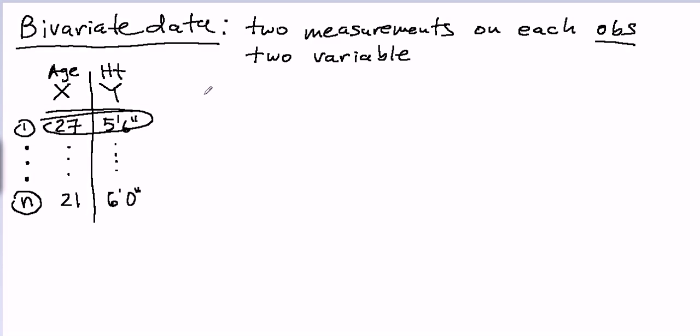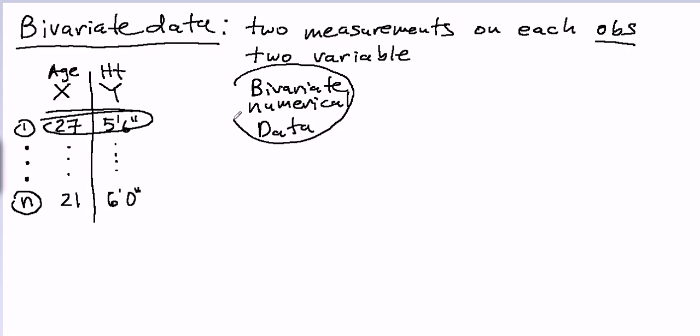Now, if we constrain both these variables to be numerical, like in my example where age and height are both numerical, we'll have bivariate numerical data. And this is precisely what we're going to be dealing with in this series of videos.